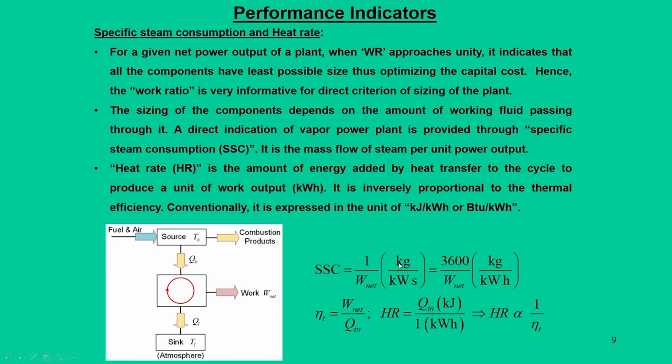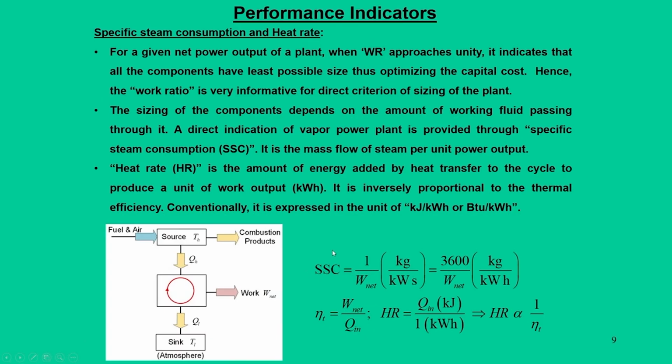So, a more appropriate way is to define the specific steam consumption in terms of kg per kilowatt hour, because kilowatt hour is a universal choice in terms of recognizing power. For that reason the SSC is equal to 3600 by W net. This 3600 term comes when you convert hour to second.